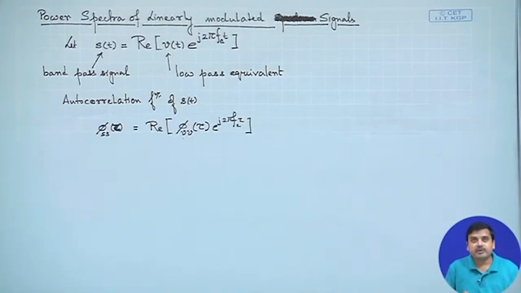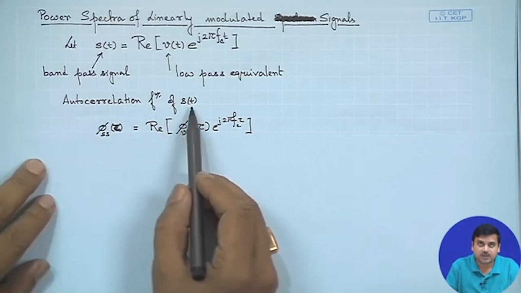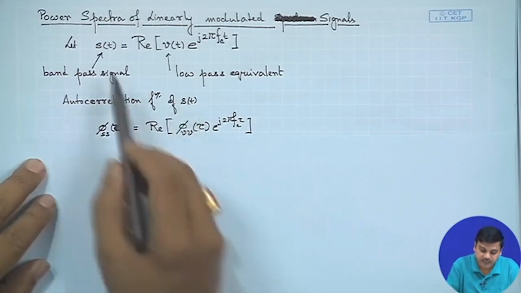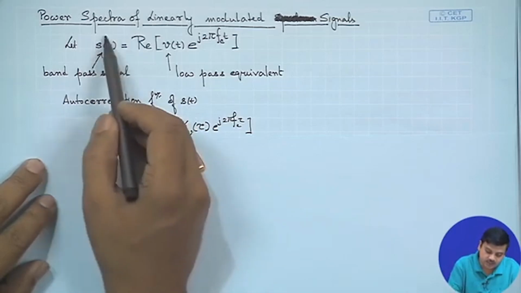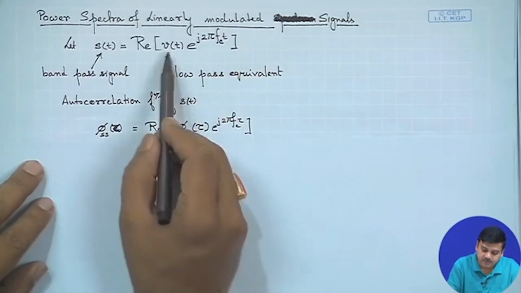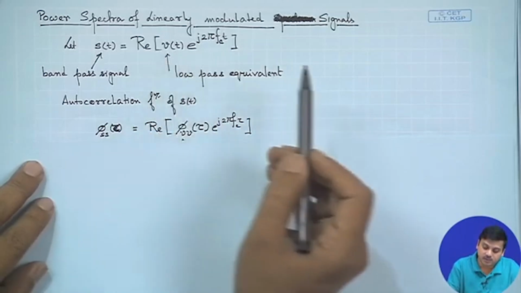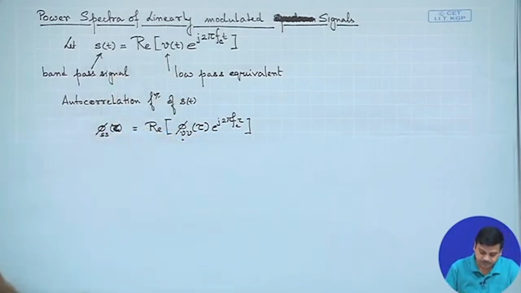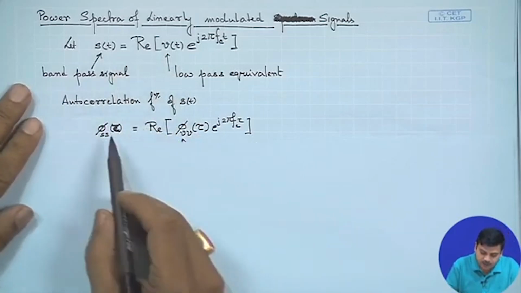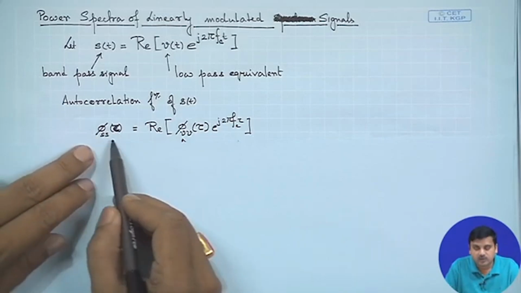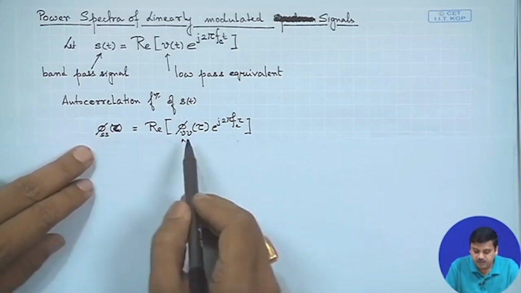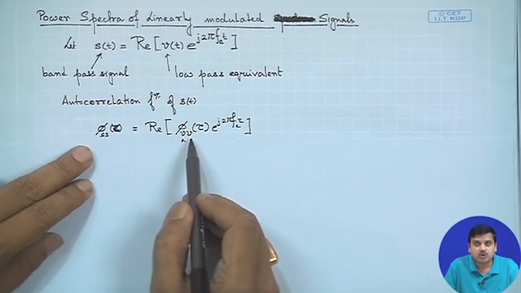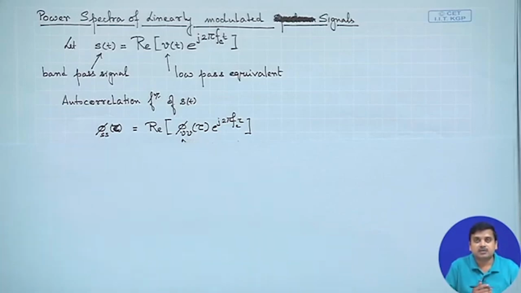As we said, we are interested in the autocorrelation function. So, we will take the autocorrelation function of s(t), because this is a stochastic process, because v(t) is an outcome of the information sequence, and hence if this is stochastic, this also is a stochastic process. The relationship of the autocorrelation function of the pass band to that of the base band was also established in our discussion when we studied the narrow band stochastic process.